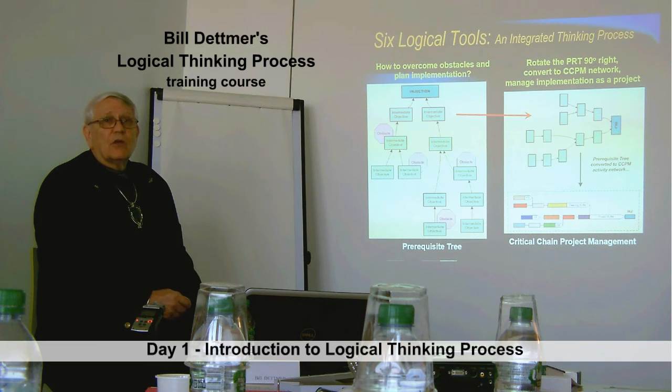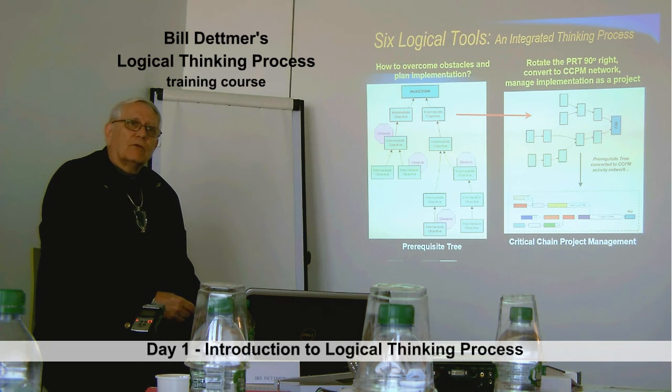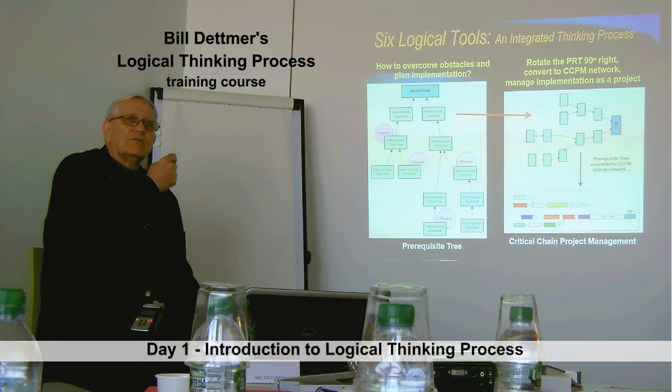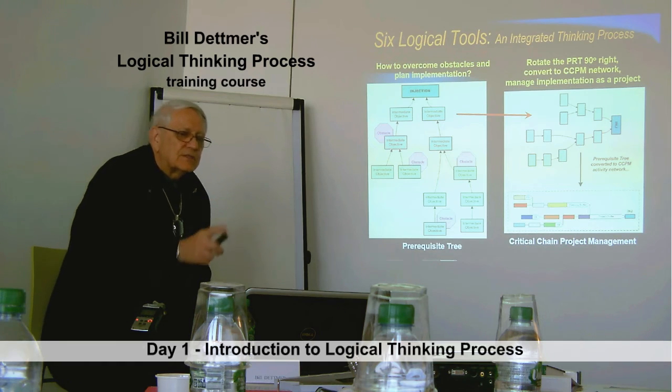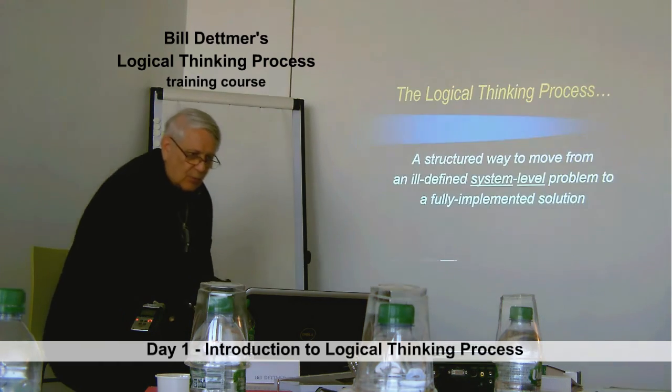You can manage organizational change as a project effectively this way with a high assurance it will be done on time. And because of the critical chain aspect and because you have already verified it with the future reality tree, you have a high confidence that it's going to work. Okay. So these are the 6 tools of the thinking process.